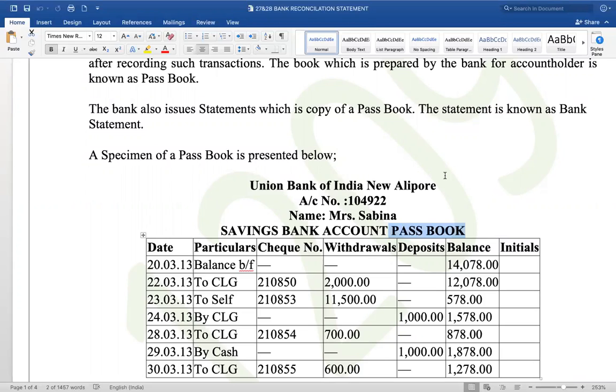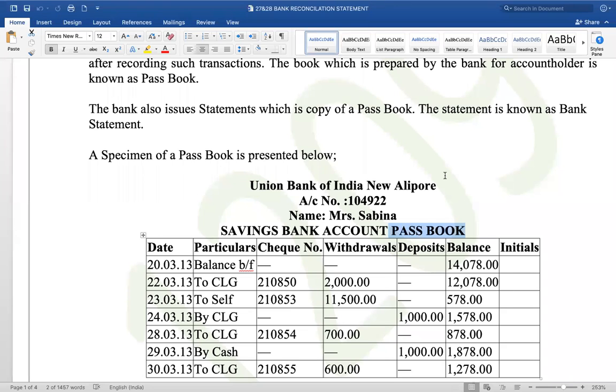Sometimes the cash book may show more balance than the passbook, and sometimes the passbook may show more balance than the cash book. So there are differences between the cash book maintained by the company's cashier and the passbook maintained by the banker.